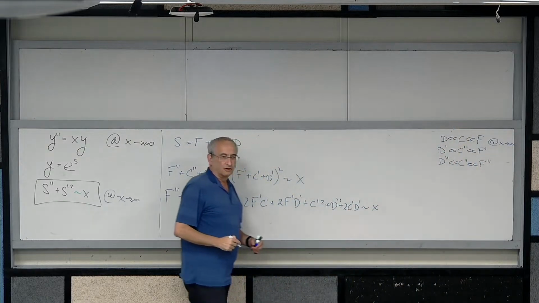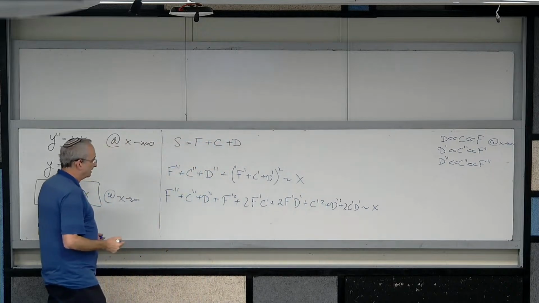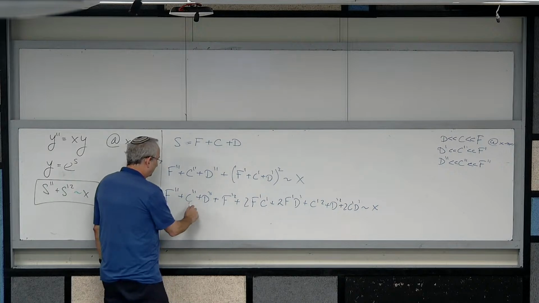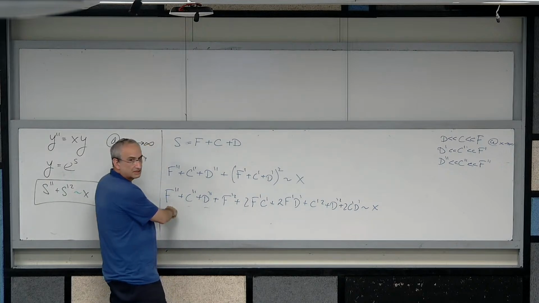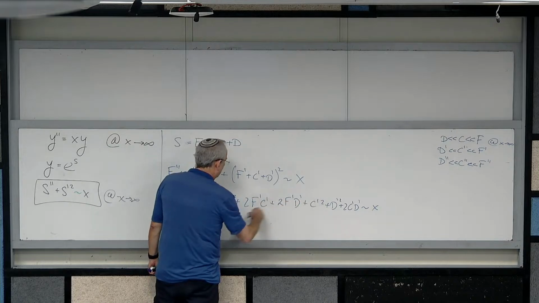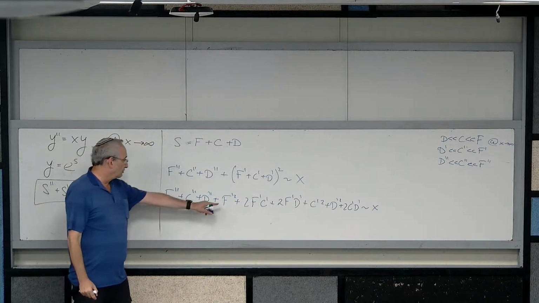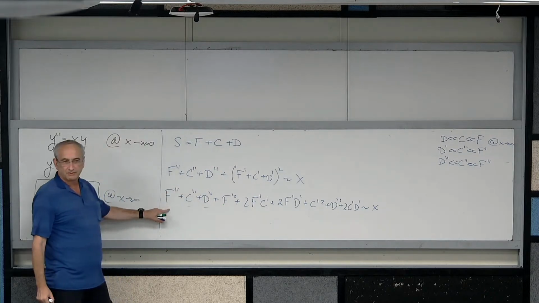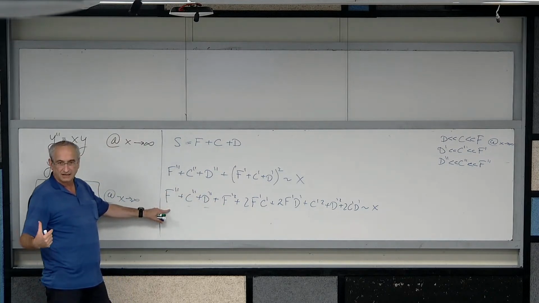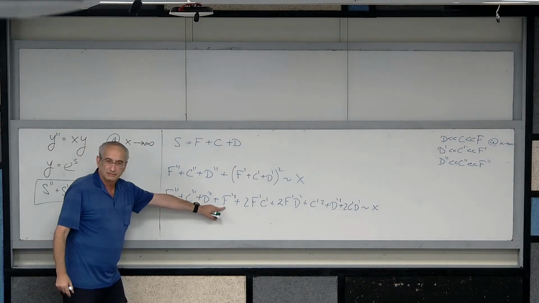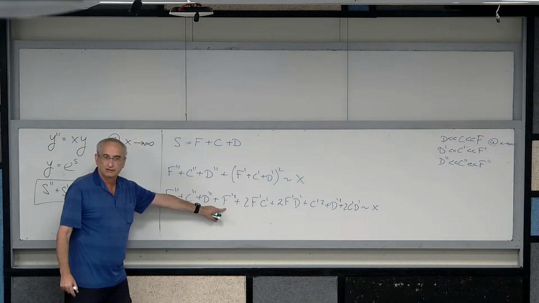Okay. So who is the biggest term? I can neglect this one and this one with respect to that, and all these guys with respect to the F prime squared, right? So the only question is, who is bigger, F prime squared or F double prime? And last lecture we analyzed this question, and we found out that F prime squared is the biggest, the dominant one.